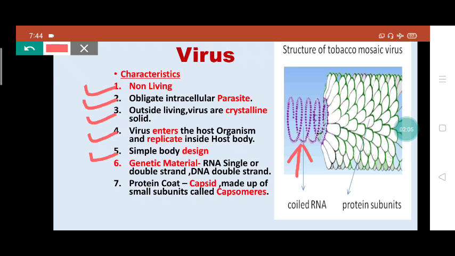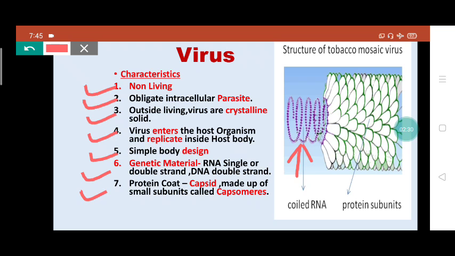Genetic material is present, and to protect that genetic material, protein subunits are attached to it. The genetic material may be single-stranded or double-stranded RNA, or double-stranded DNA. In higher classes, when you study, viruses are classified on the basis of the genetic material they have, into 7 or 8 categories.